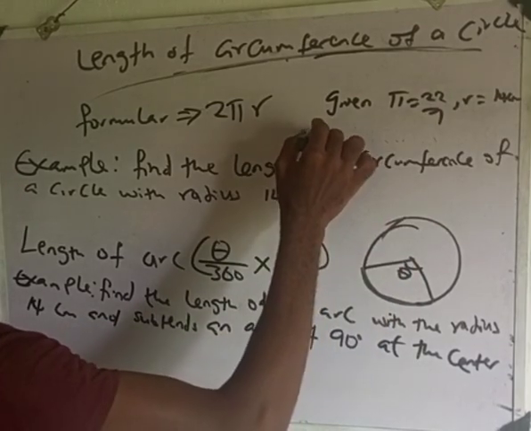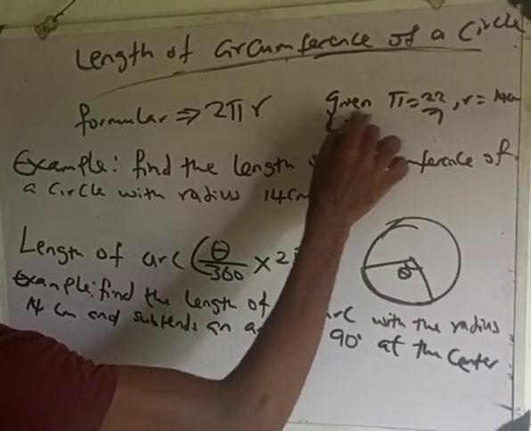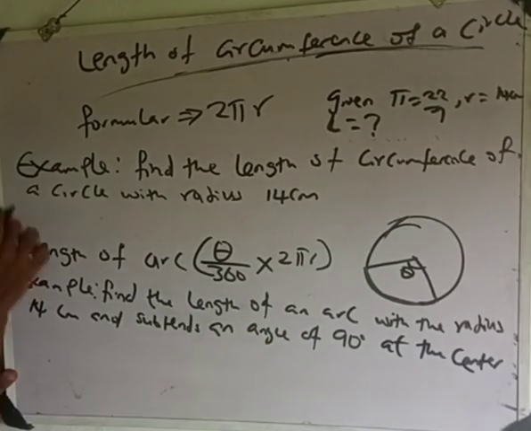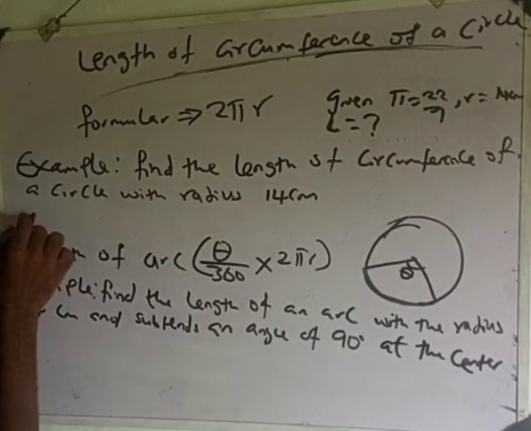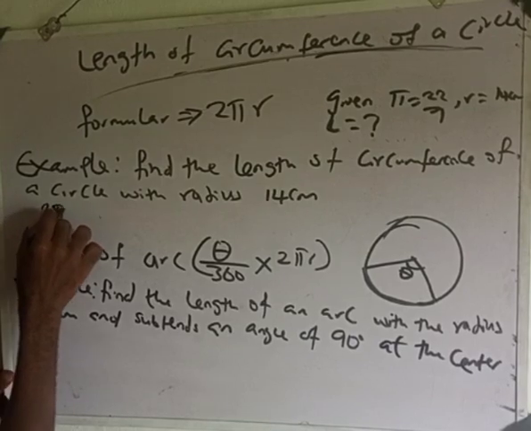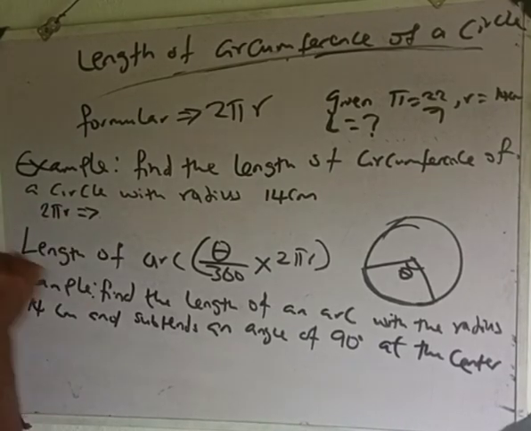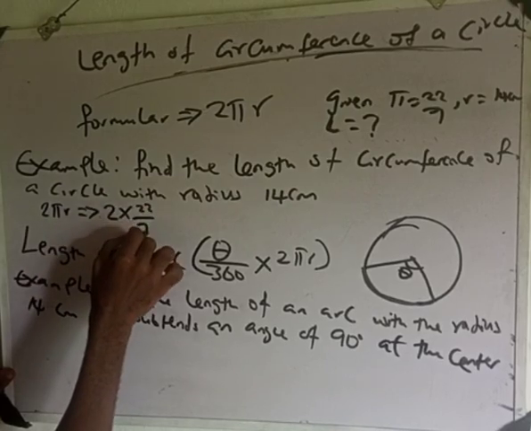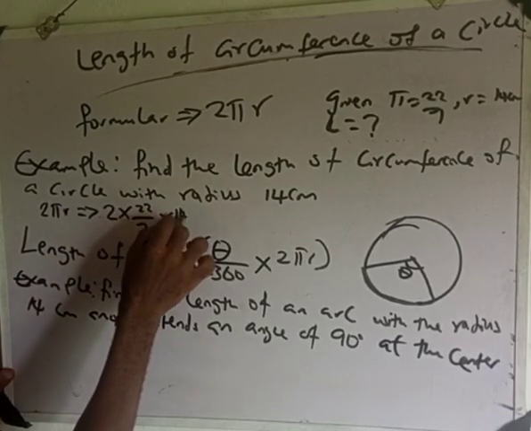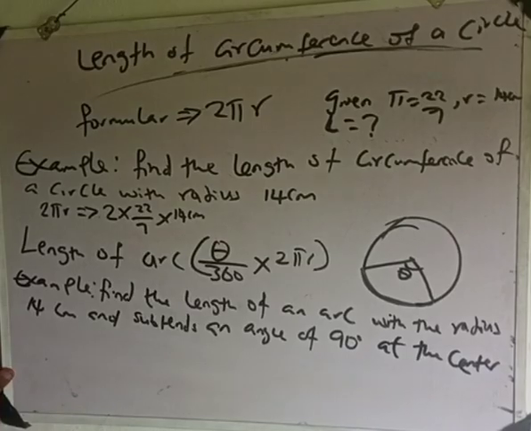We are looking for the length of the circumference. So the formula is 2 pi r. That will become 2 times 22/7 times 14 cm.